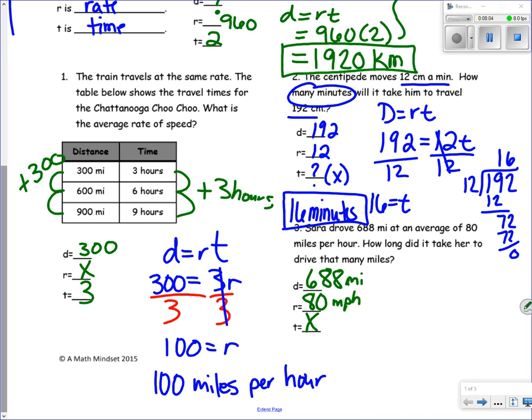So let's do D equals RT. Plug in what you know. Distance is 688, and rate is 80. We are looking for T, and I'm going to use T to show that we are looking for time. One-step equation, guys. We're going to divide both sides by 80.